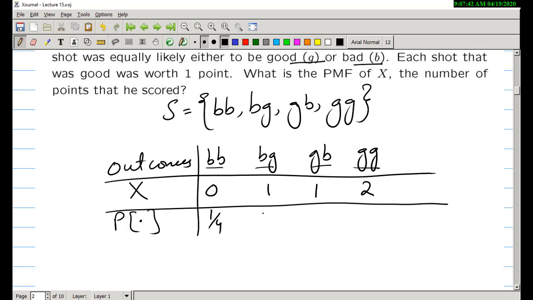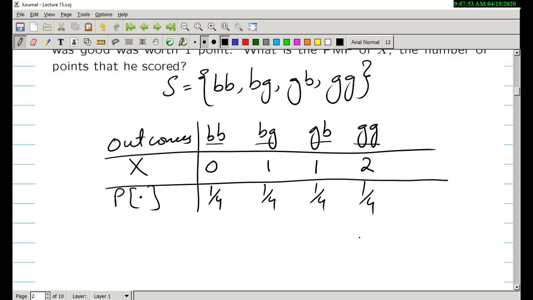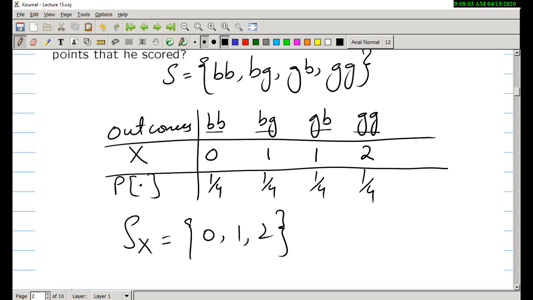So the probability will be 1 by 4 for each. The range will be 0, 1, 2. For 0 we have only one outcome, BB; for 1 we have 2 outcomes, BG and GB; and for 2 we have only one outcome, GG.